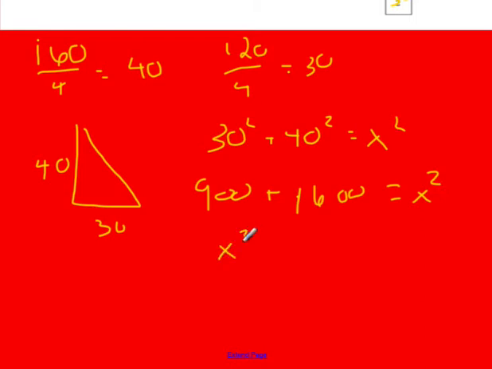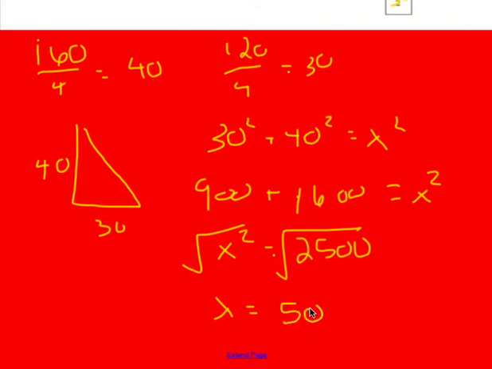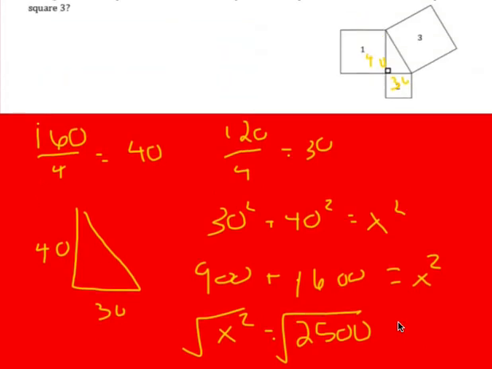So when I add those two together, I end up getting that x squared is equal to 2,500. So then I'm going to take the square root of both sides. And thankfully, the square root is actually a whole number. When I take the square root of that, I end up getting 50. So 50 units is the length of this side.